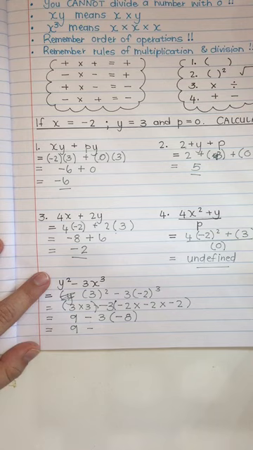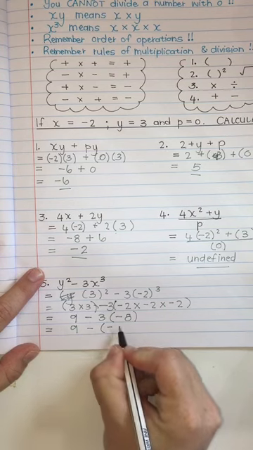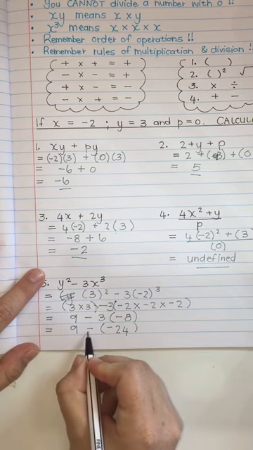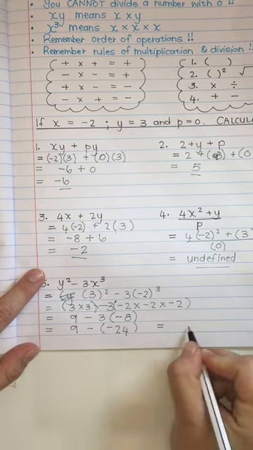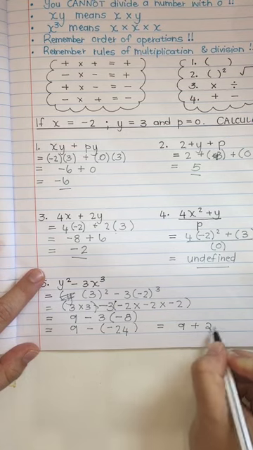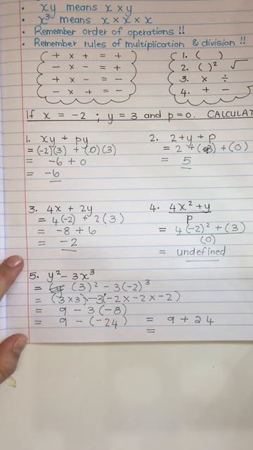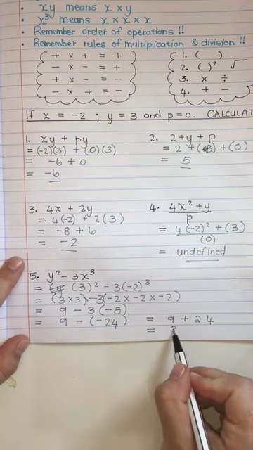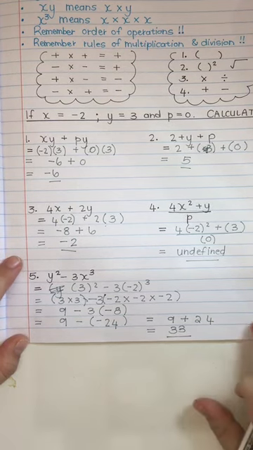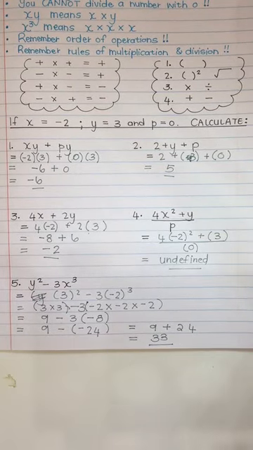So 3 times minus 8 is minus 24, and a minus times a minus equals a plus. So it's 9 plus 24. What is 9 plus 24, guys? 33. So it's actually really, really easy.